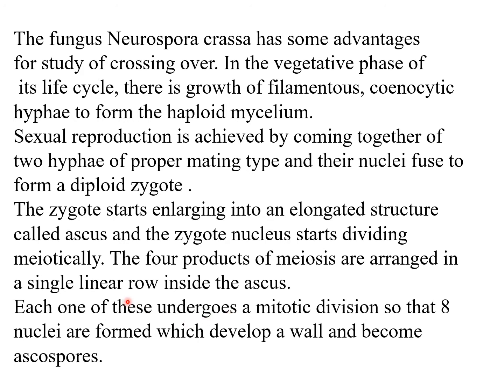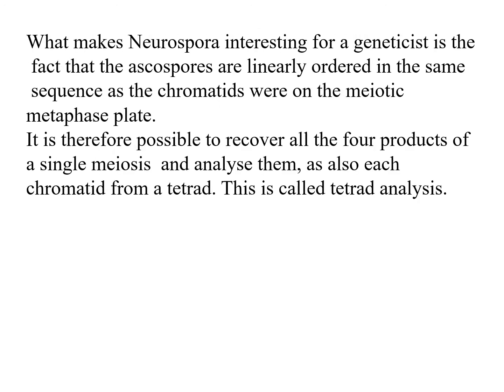Now, each of these spores again undergoes mitotic division, which results in formation of 8 nuclei, and then it is followed by development of a wall, and that results in formation of ascospores.